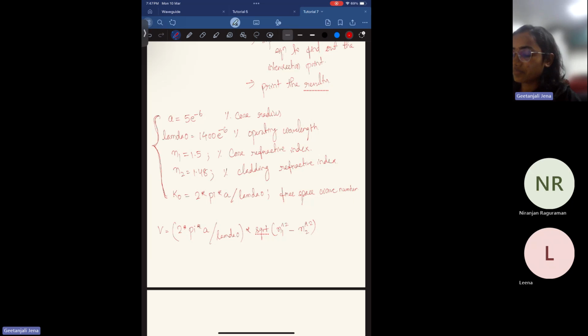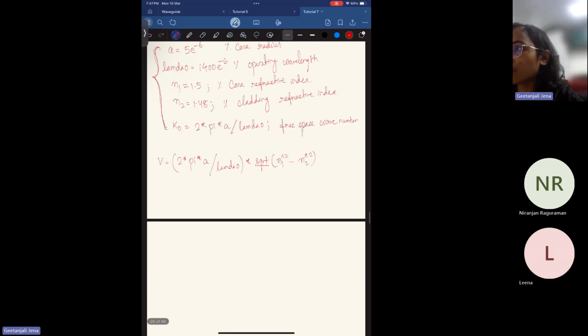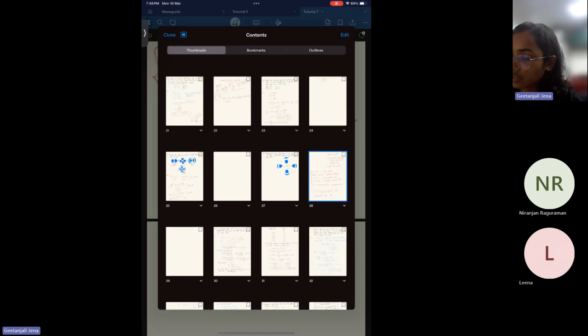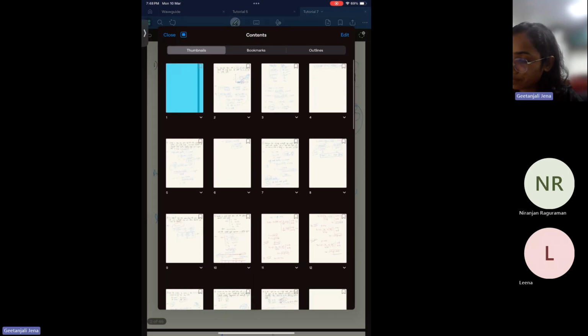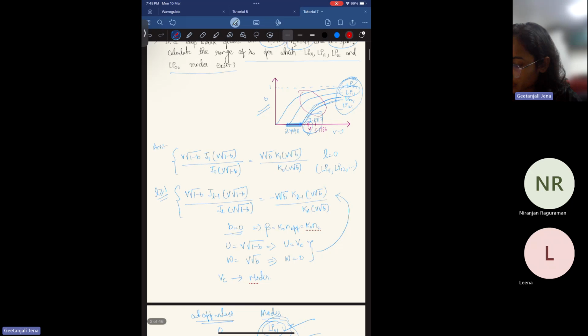Now let us say we want to find the solution of the transcendental equation for the fundamental mode. The fundamental mode is the LP01 mode. If you recall, you have to use this formula for L equal to 0.